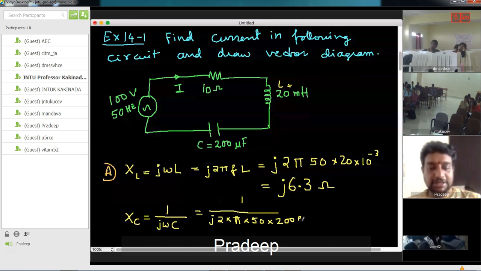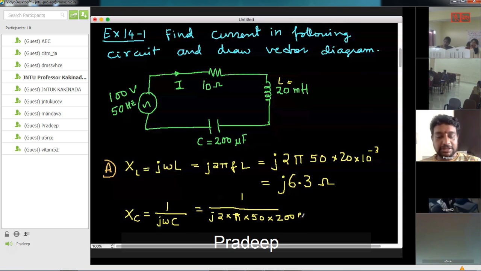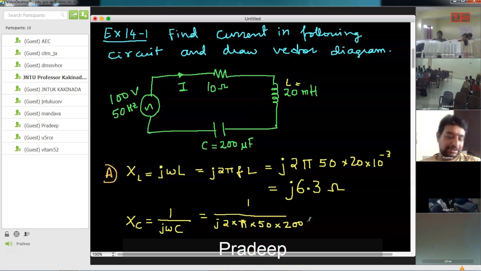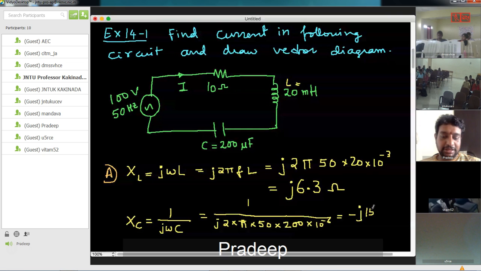This 1 by j is nothing but minus j, so j going from denominator to numerator becomes minus j, and the impedance is 15.9 ohms.